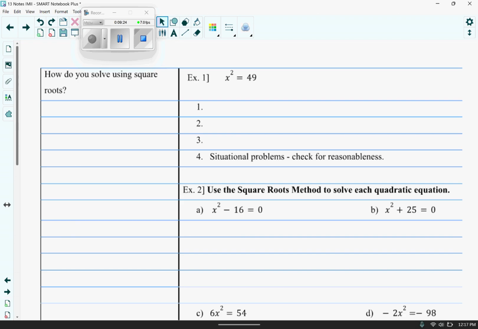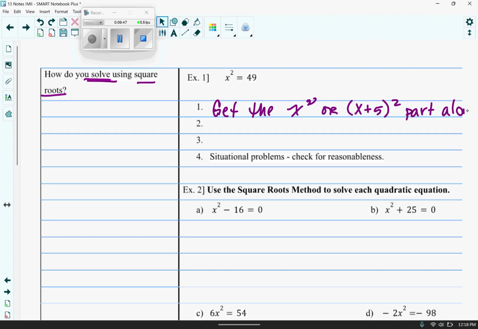Okay, going back over here, now we are actually going to start solving using square roots. To solve using square roots, first thing we have to do is get the x squared, or x plus something or minus something squared part alone. Once we have that, look at my example up here.